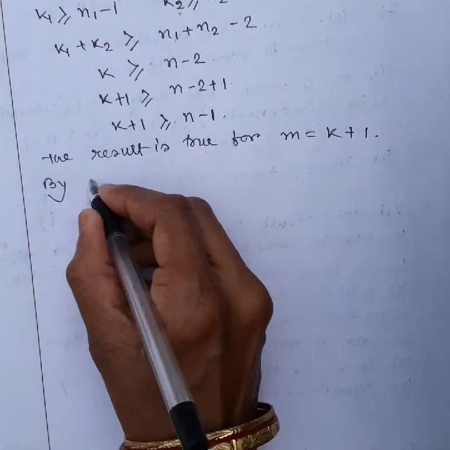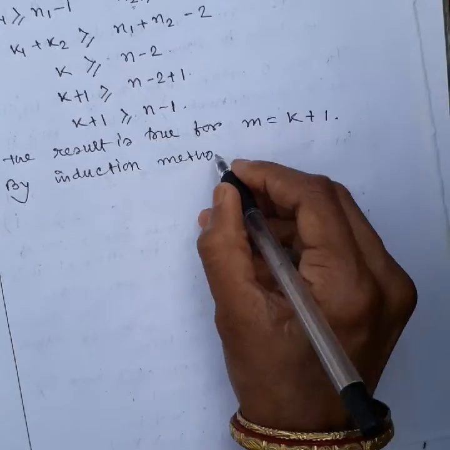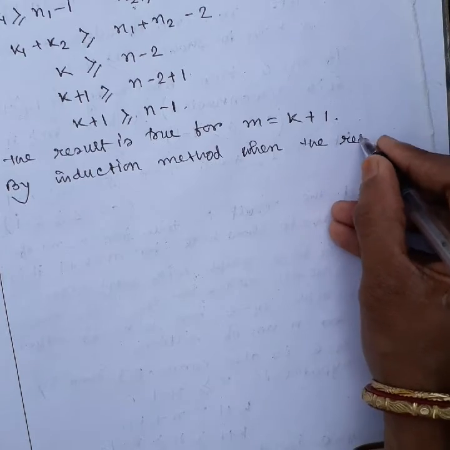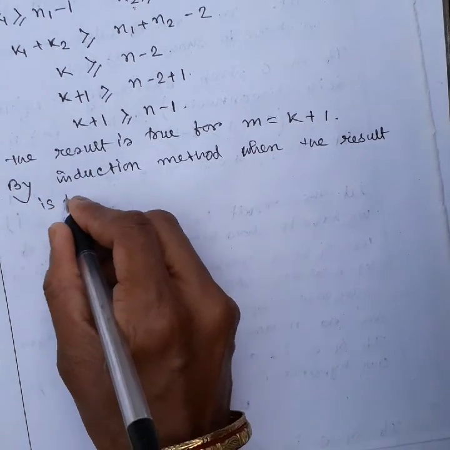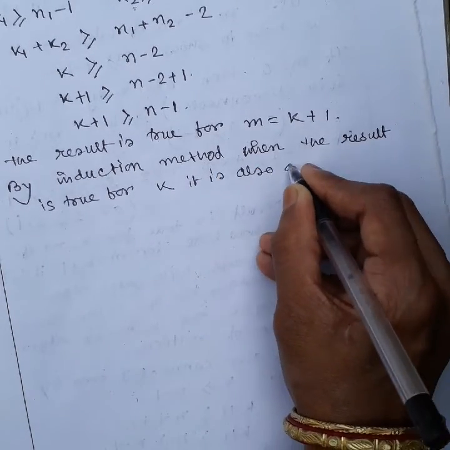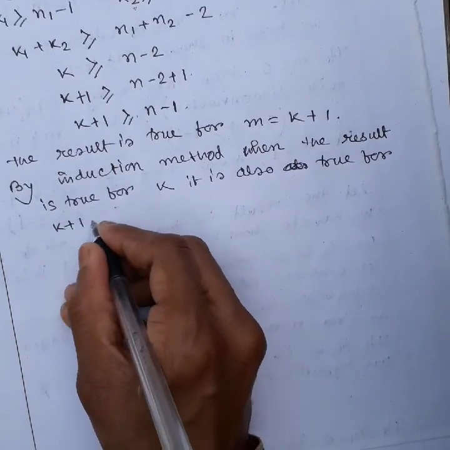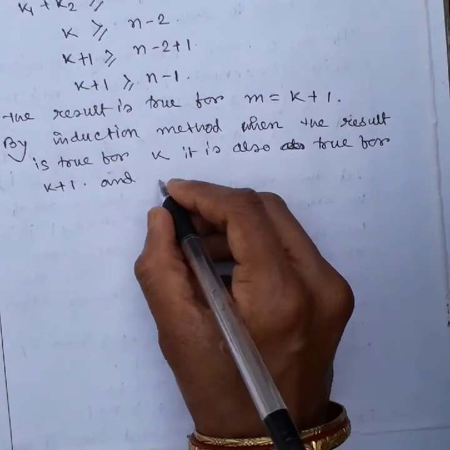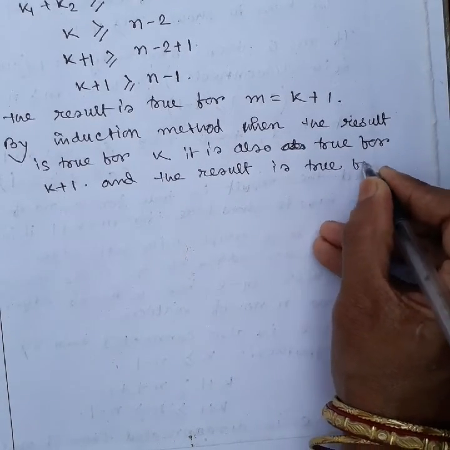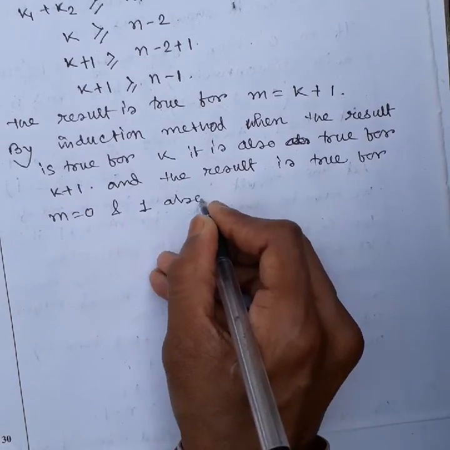That means by the induction method, when the result is true for k, it is also true for k plus 1, and the result is true for m equal to 0 and 1 also.